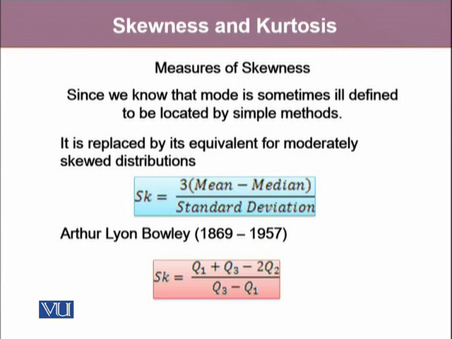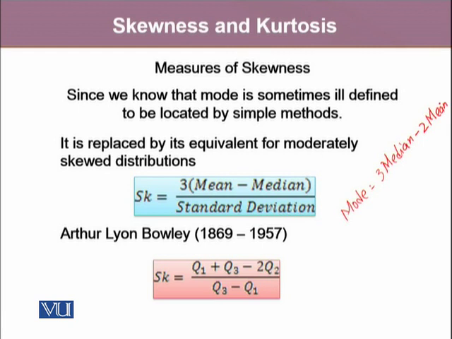In such situations, we use a different relationship that defines mean, median, and mode, and this is that mode equals 3 times median minus twice the mean of the distribution.